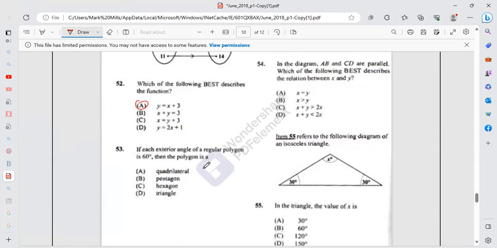So what you are going to do here, you're going to say 360 divided by 60 will give me 6, right? So which polygon has 6 sides? Is it quadrilateral, pentagon, hexagon, or triangle? Hexagon. All right, so that's it.